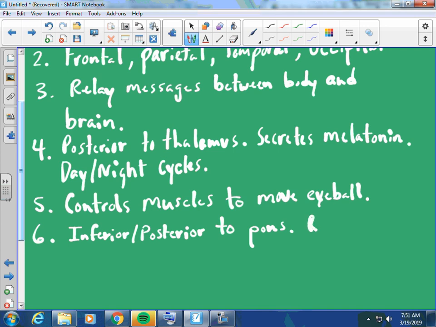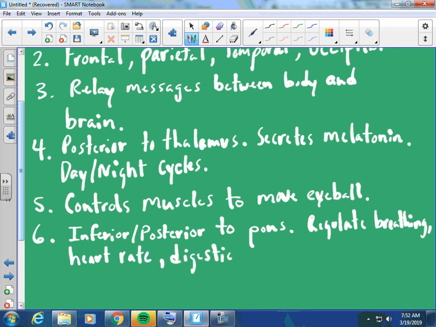Helps regulate breathing, heart rate. Did you put anything else? Digestion. A lot of the things that we don't think about. Okay, so this is a big automatic center. Autonomic.